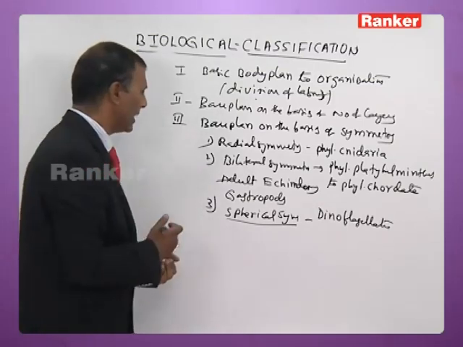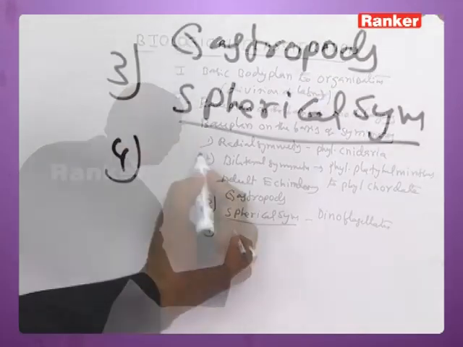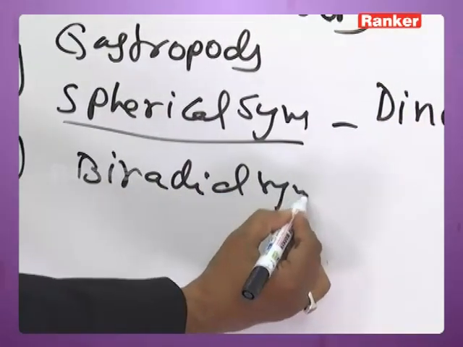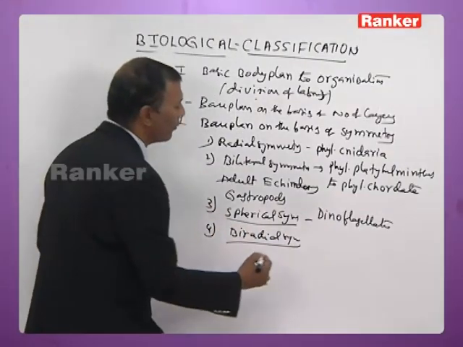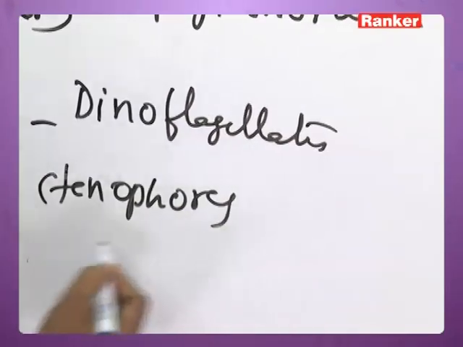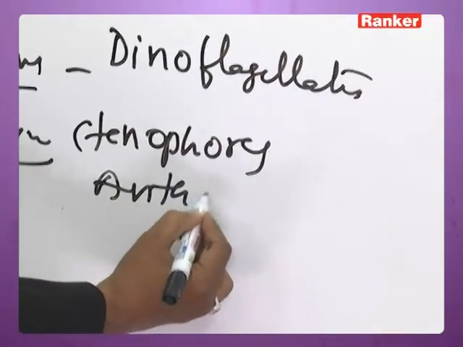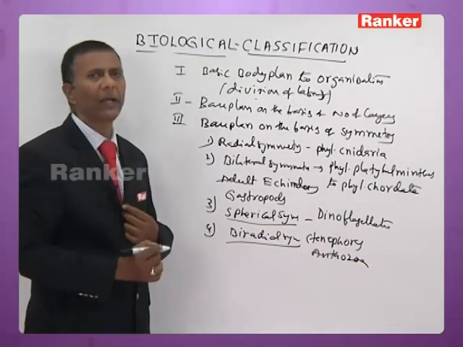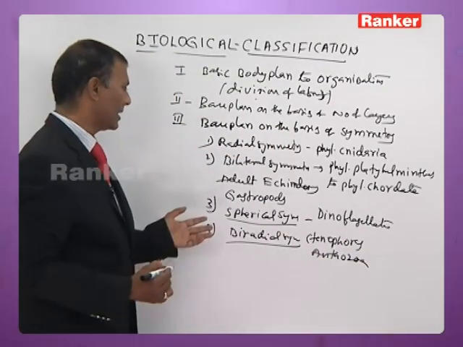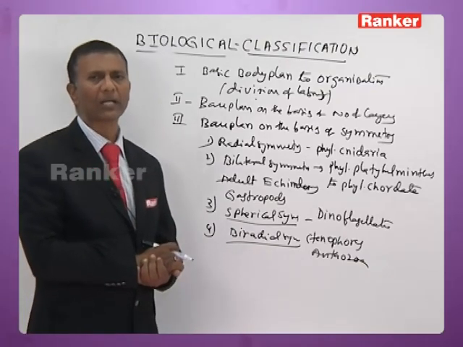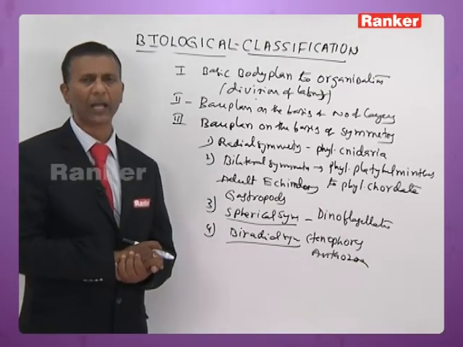The next type is biradial symmetry, exhibited by ctenophores and anthozoans. So in Ctenophora and Anthozoa you find biradial symmetry.